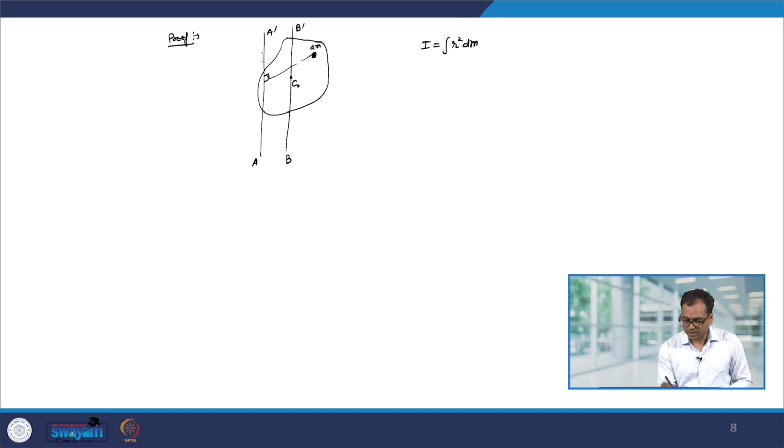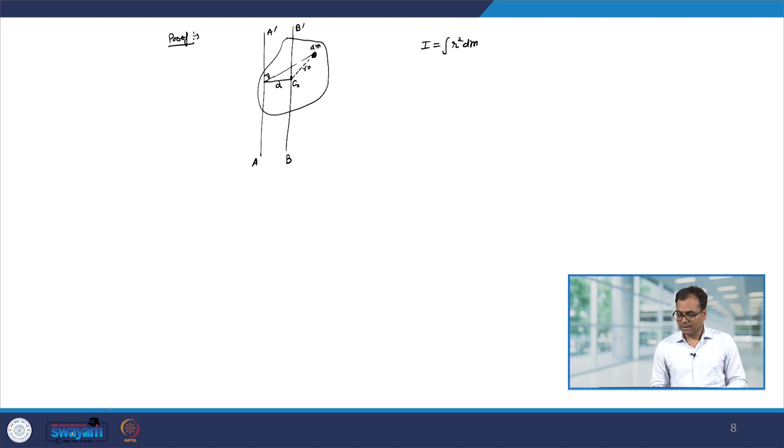Now, this A prime axis is situated at a distance of d. So, this distance is d, and let us say from G the mass dm is at a distance of r naught.